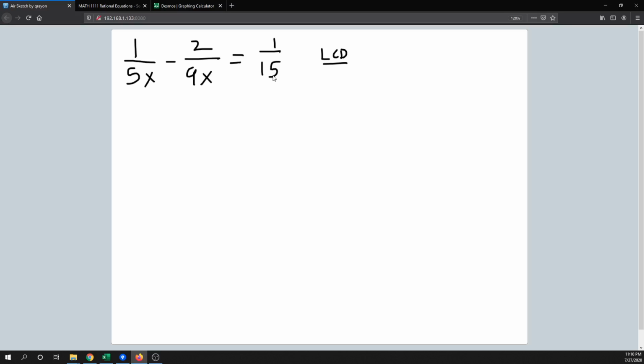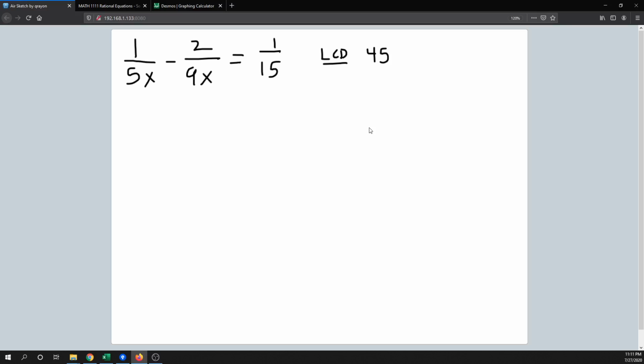The next number to look at is 15 times 2, which is 30, and 9 doesn't go into 30. When I do 15 times 3, that's 45, and 9 does go into 45 5 times, and 5 goes in as well. So the LCD is going to have 45 in it.